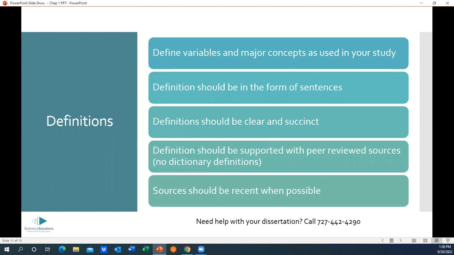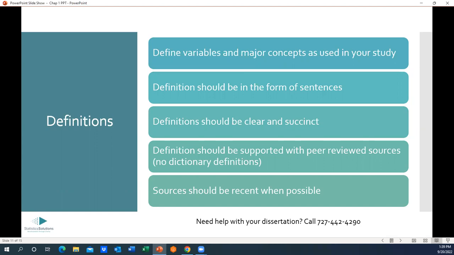Okay, definitions is usually a section, and it's usually in chapter 1 because it needs to come early. This is where you define the terms that are specific to your study. So a couple of rules here. No dictionary definitions. These are not general definitions. These are definitions from the literature, and the purpose is specifically to define terms as they will be understood and used in your study.